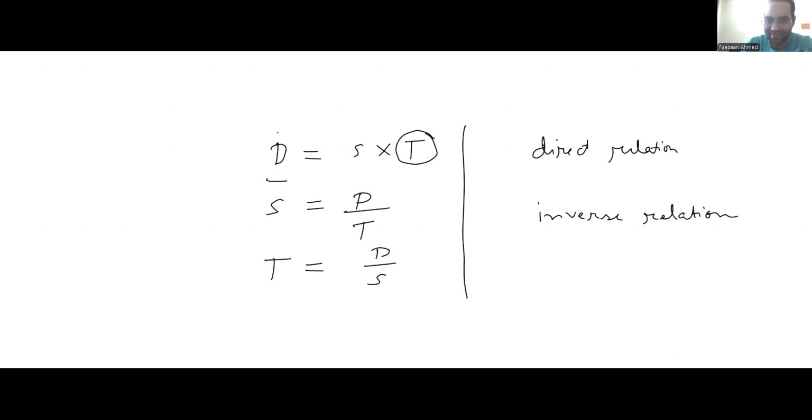So here distance is proportional in a direct way, which means if you increase the speed, the distance will increase. But of course, there's a condition. Don't forget that time is a constant. Okay, so this is an example of a direct relationship.